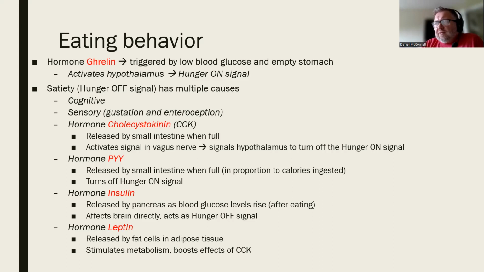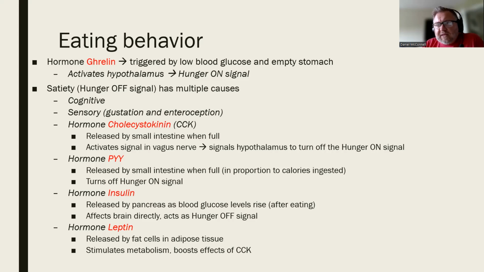So the hormones here, though, first one up is cholecystokinin, CCK for short, because I don't think we want to say cholecystokinin over and over again, right? But this is when I said the small intestine begins to fill up, right? So there's stretch receptors, this is part of interoception, right, in the small intestine. And as it begins to fill with food, slowly, of course, right?